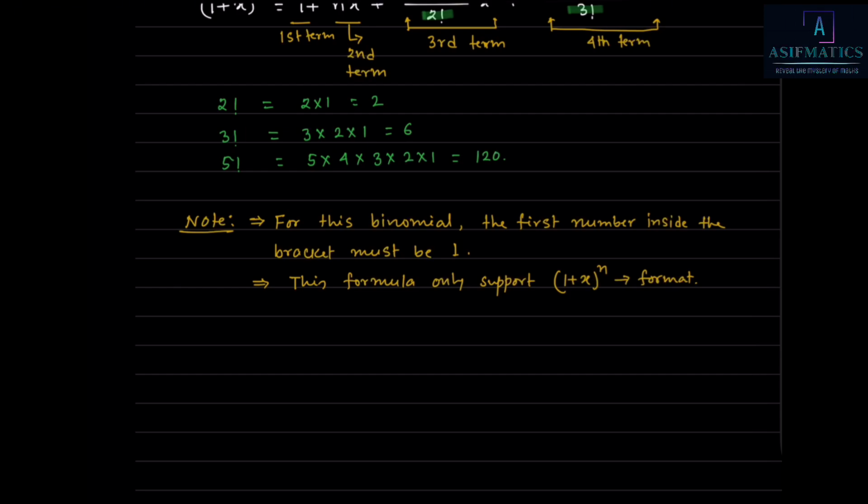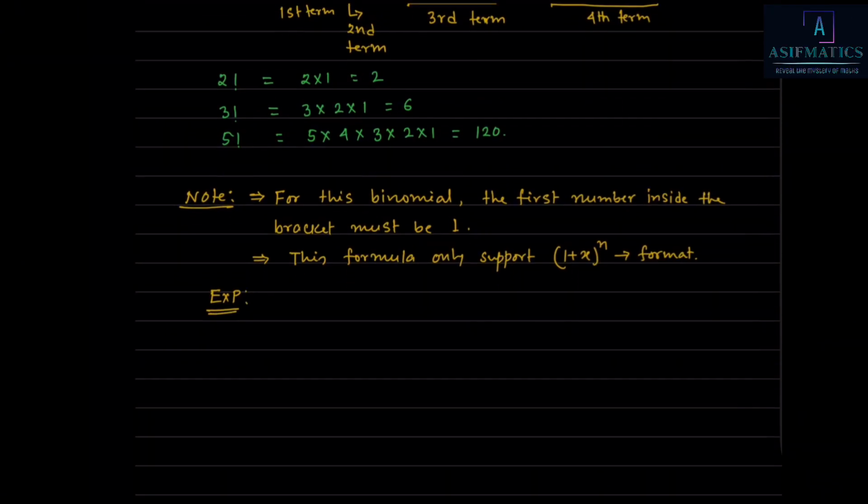For example, it is given that you have 2x minus 1 to the power minus 1, and the question told that you have to do the binomial expansion. You cannot do this directly.